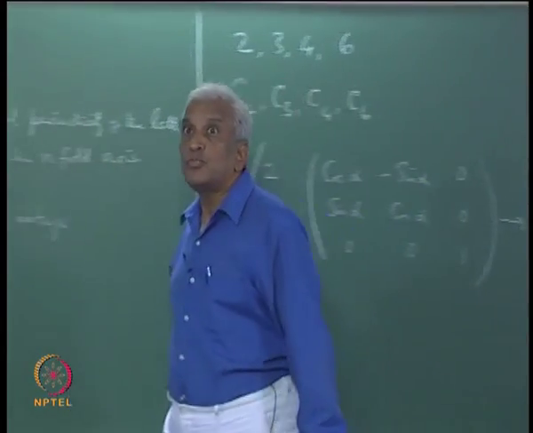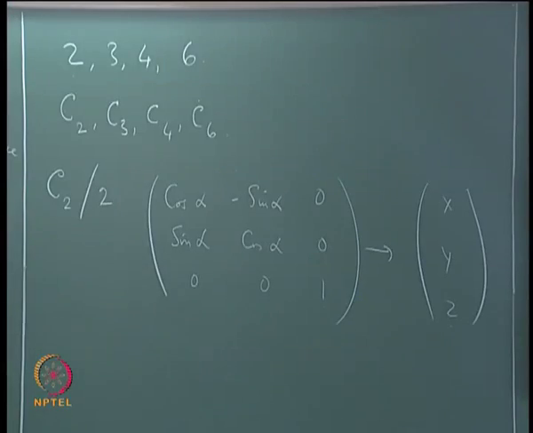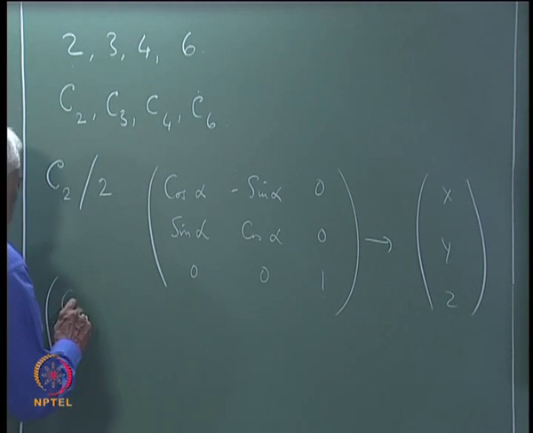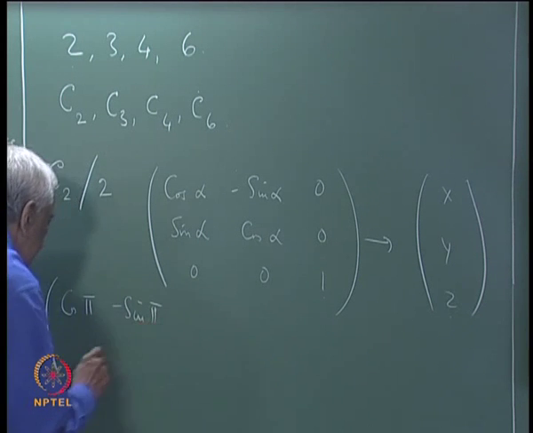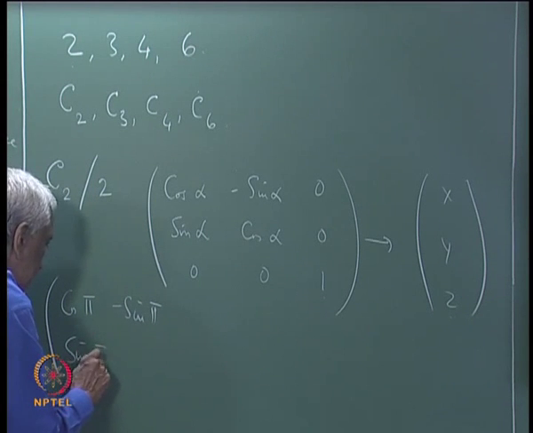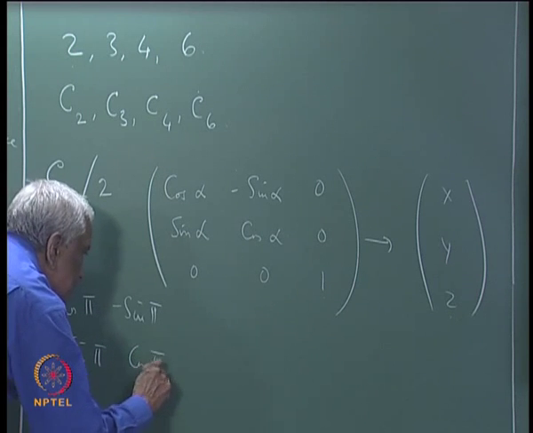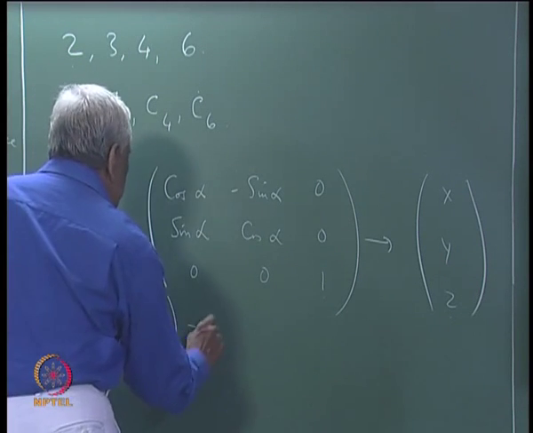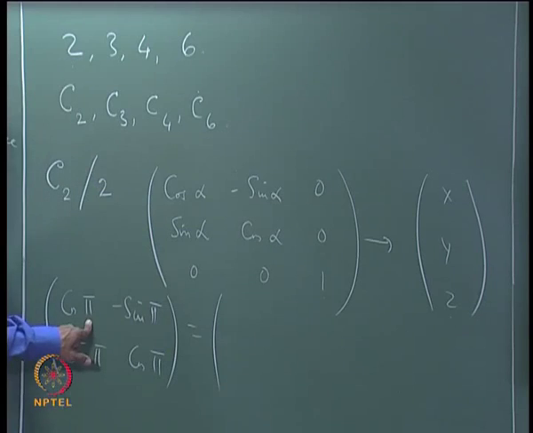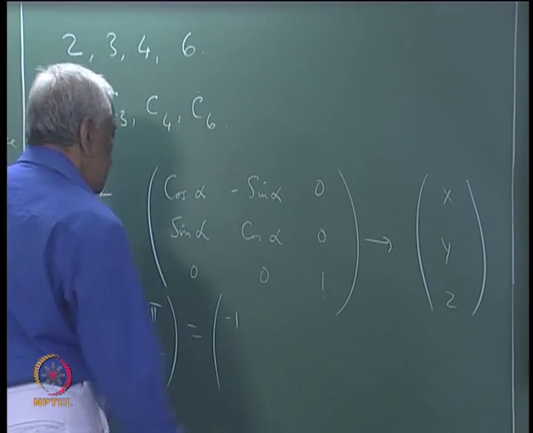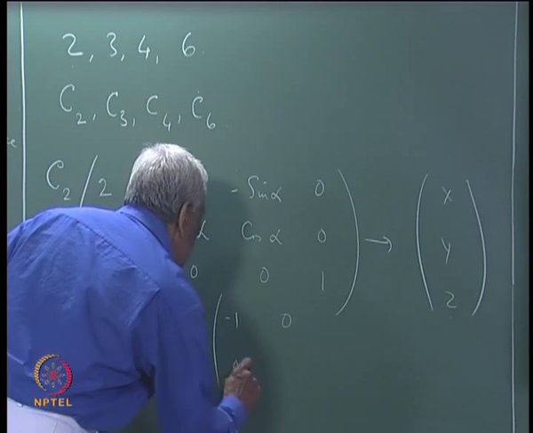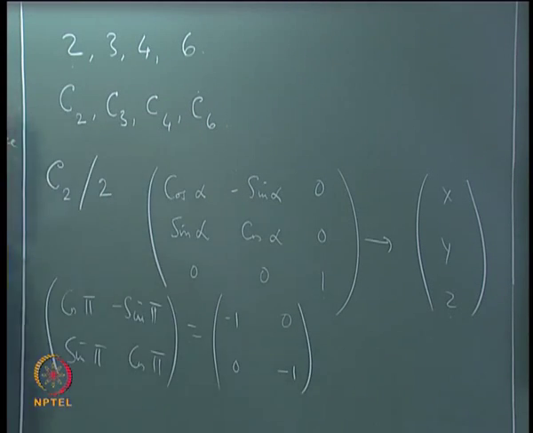We are asked to provide 2 dimensional representations. So, for a twofold axis it will be cos pi, minus sin pi, sin pi, cos pi, which is minus 1, 0, 0, minus 1.